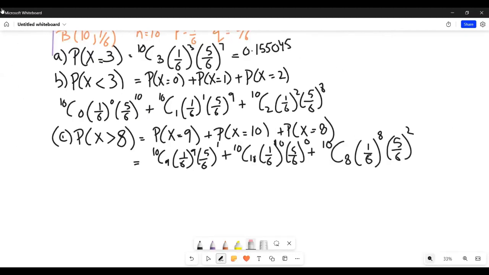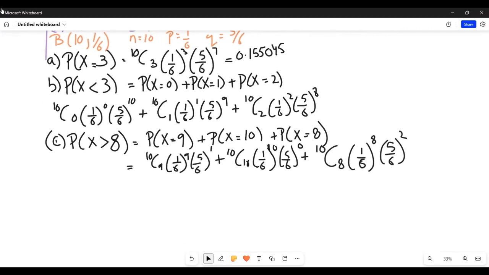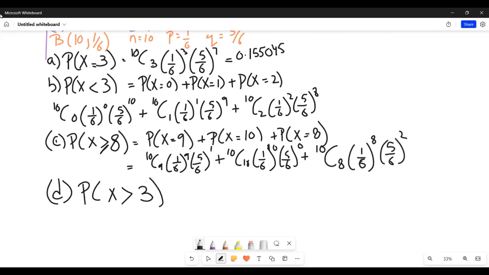Okay. And part D is, I believe, greater than 3. More than 3 times. Yes. So in part D, it's probability x is greater than 3. C was greater than or equal to 3, this one is just greater than 3. So greater than 3 has so many cases: probability x equals 4 plus probability x equals 5 all the way till probability x equals 10.